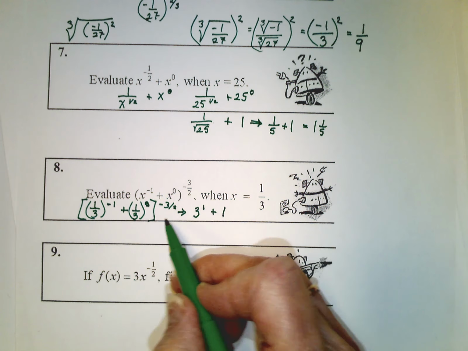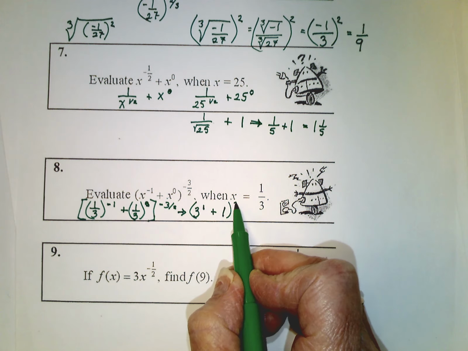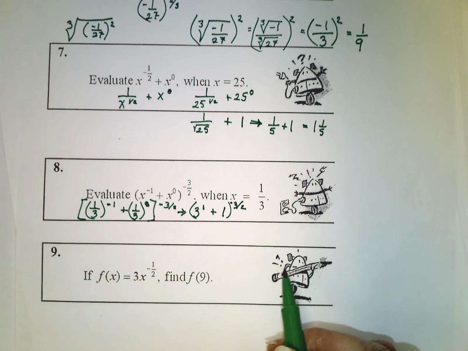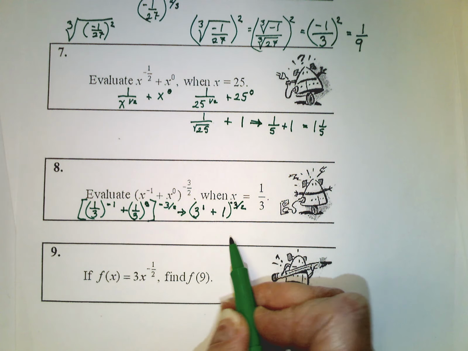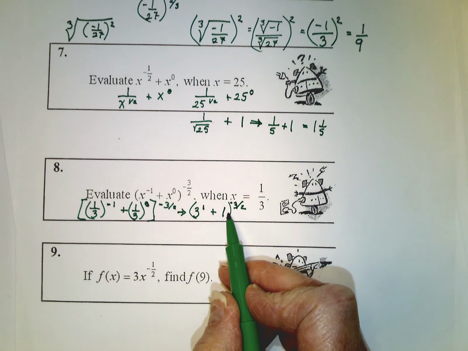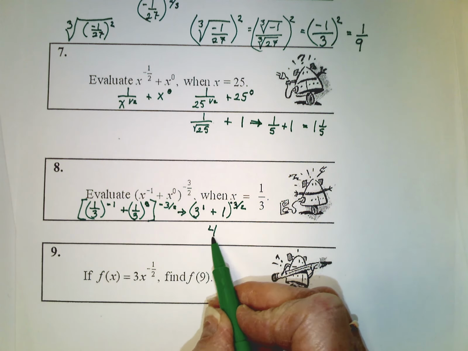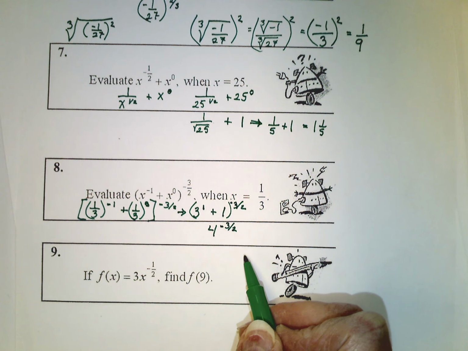Except 0 to the 0 power, of course. And that's all being raised to the -3/2. Well, this is pretty nice now. 3 plus 1 is 4. 4 is being raised to the -3/2 power.